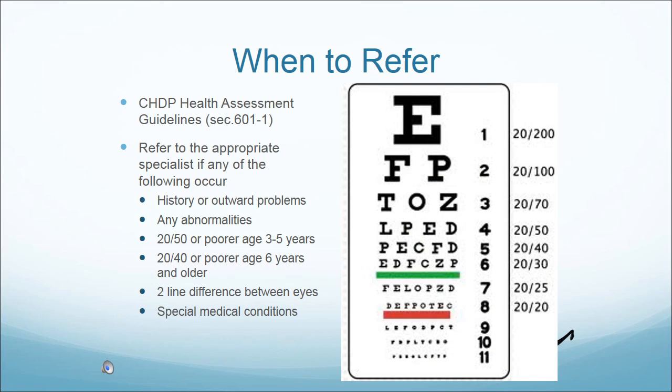According to CHDP Health Assessment Guidelines, any suspected vision problem can be referred when detected either by an approved vision test or a clinical observation.